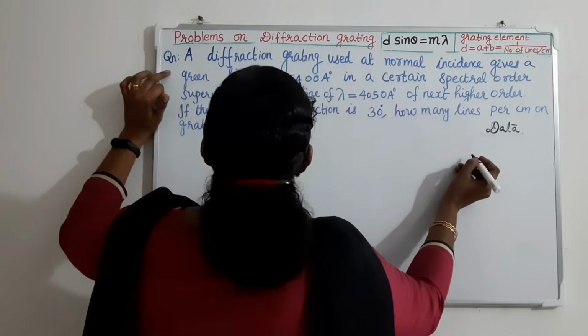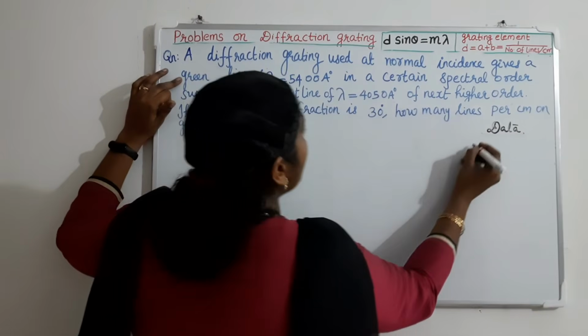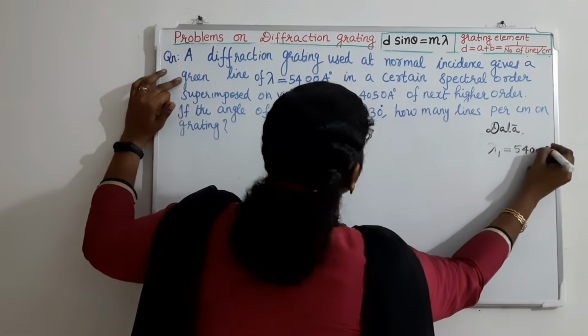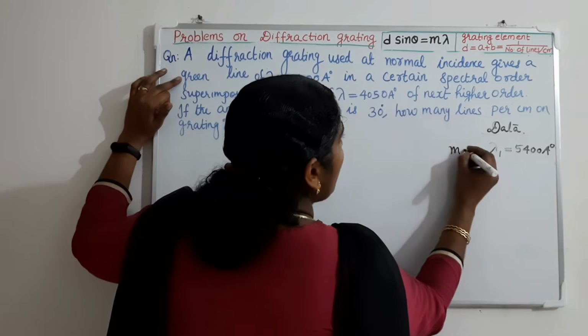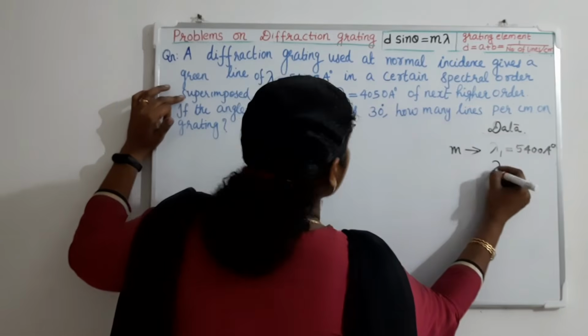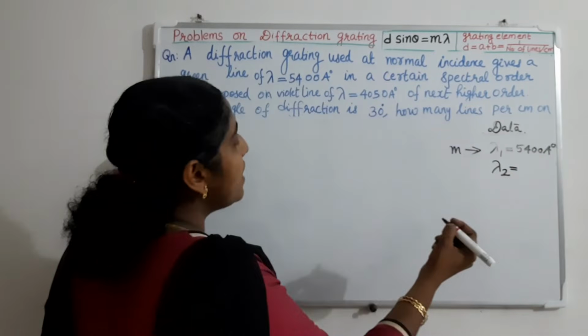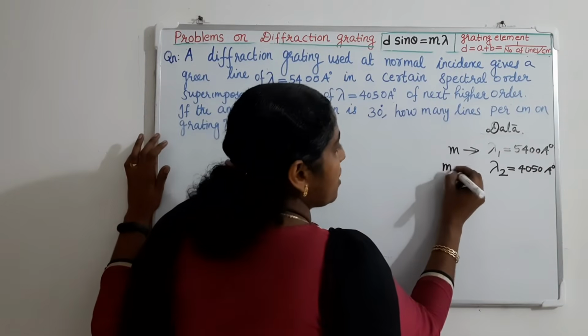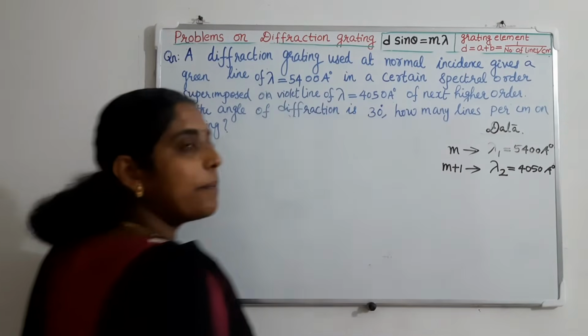A diffraction grating at normal incidence gives a green line of wavelength 5400 Armstrong in a certain spectral order. It is superimposed on a violet line of wavelength 4050 Armstrong of the next higher order. So next higher order means the order is M plus 1.